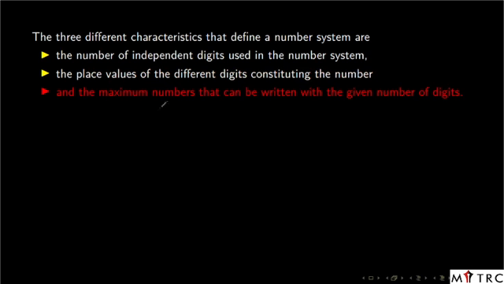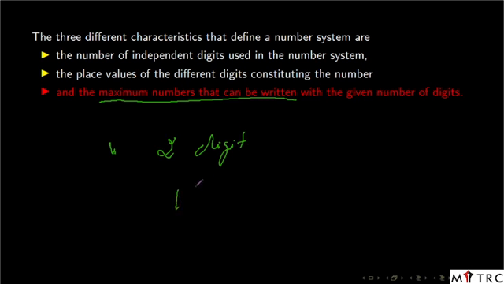The third important characteristic is the maximum number that can be written in a given number of digits. For example, in the decimal system, we are using two digits to represent a number. What is the maximum value?